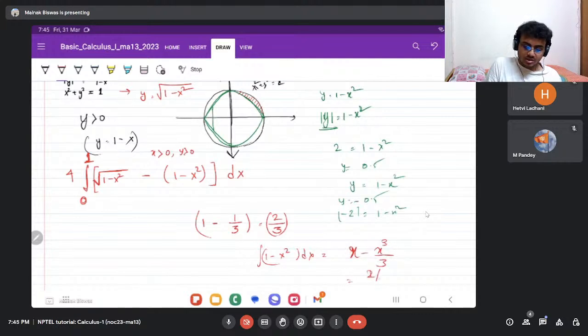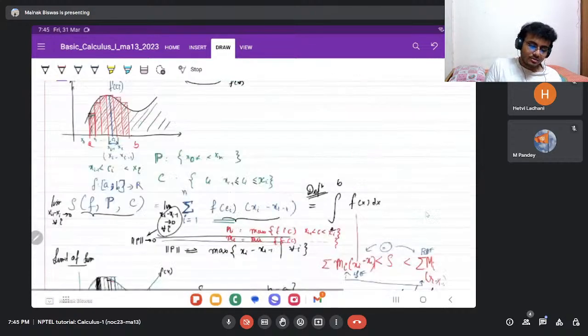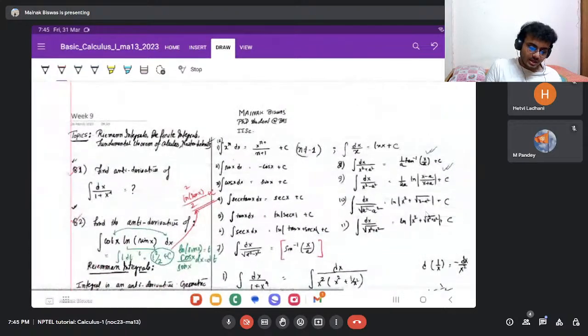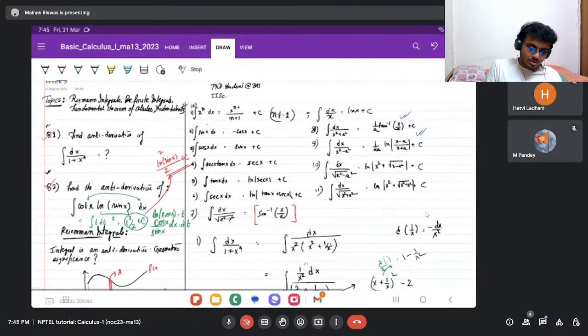So it's 2 by 3. Correct. So the first integral, do you know what to do? 0 to 1, what formula is this of?